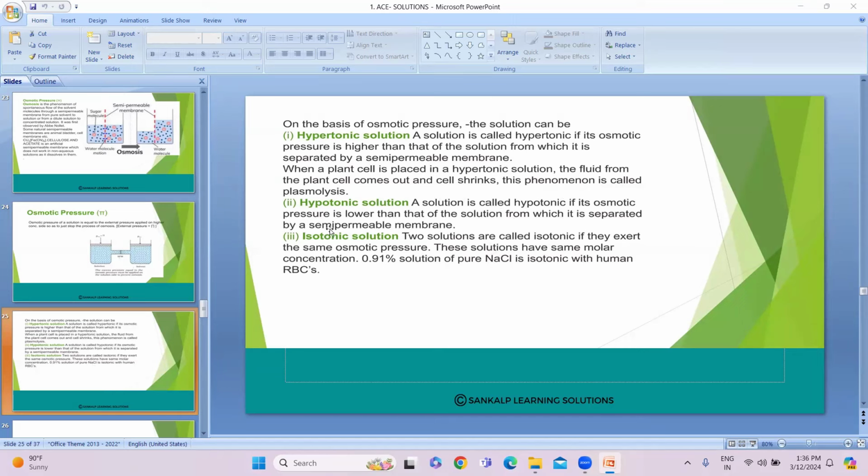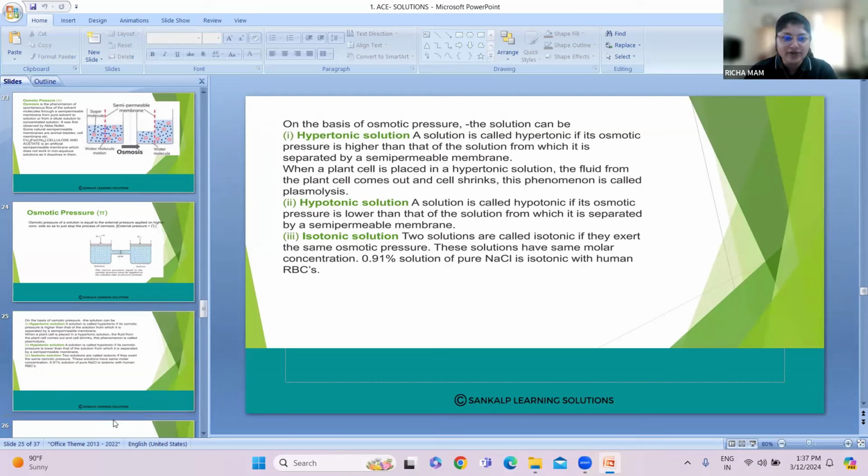Two solutions are isotonic if they exert the same osmotic pressure. These solutions have the same molar concentration. A 0.91% solution of pure NaCl is isotonic with human RBCs. Okay, so you have told the definition itself. In your own words, you can tell me. Anybody?